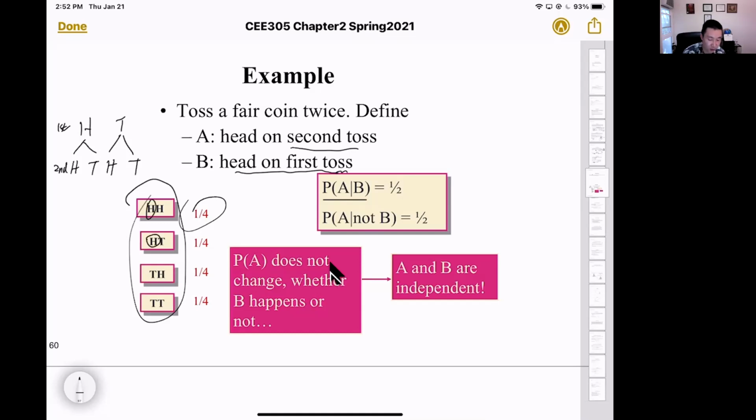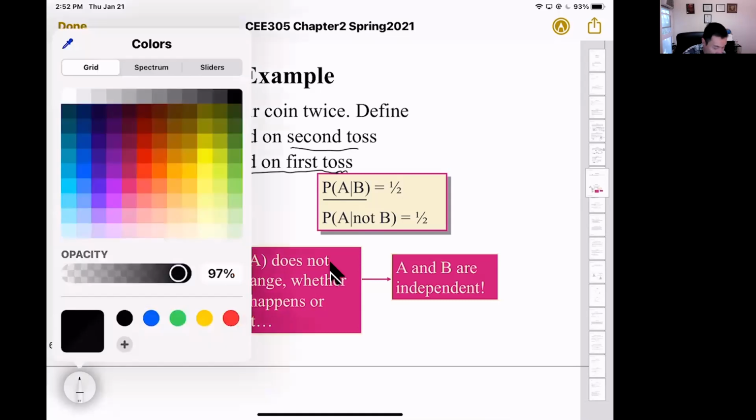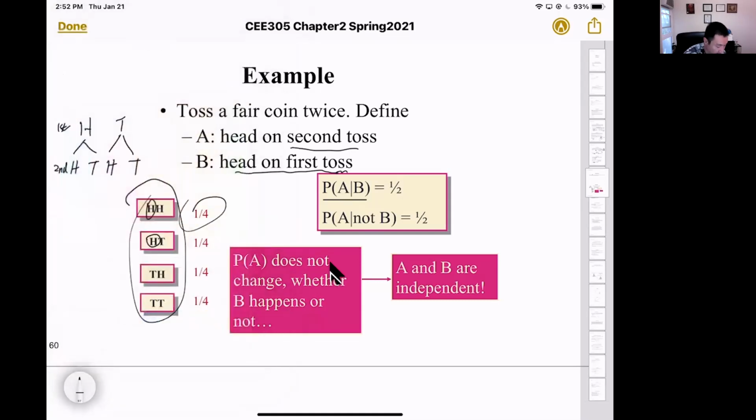A is the head on the second toss, which is here. So P(A given B) will be 50%.